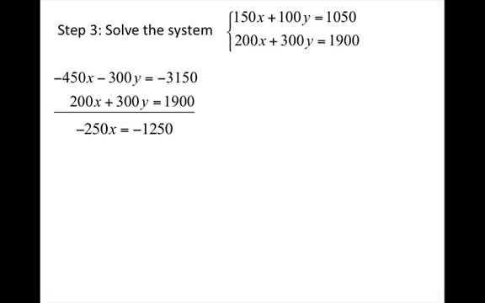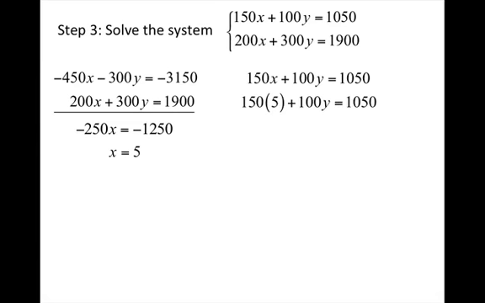Now to solve for x, divide each side by negative 250 and I get x equals 5. This time x was the cost of an adult ticket, so the adult tickets cost $5. Since I was asked for the cost of the children's ticket also, I need to plug that 5 in and solve for y. So I'm going to use my first equation, the 150x plus 100y equals 1050.